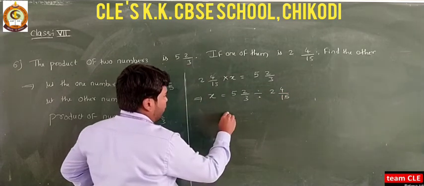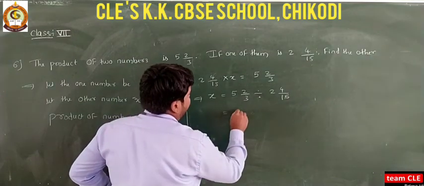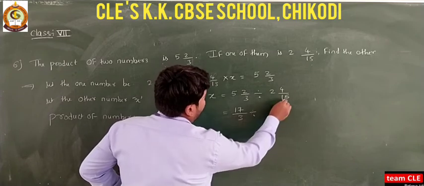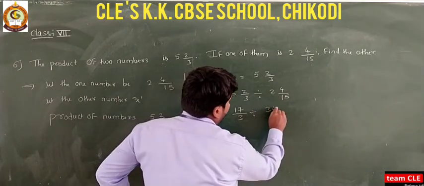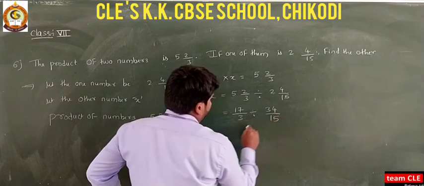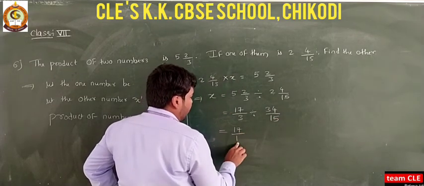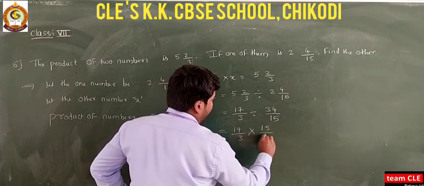Now convert the mixed fractions to improper fractions. 5 threes are 15, 15 plus 2, 17 by 3, whole divided by 15 twos are 30, 30 plus 4, that is 34 by 15. So now take the reciprocal, 17 by 3 into 15 by 34.